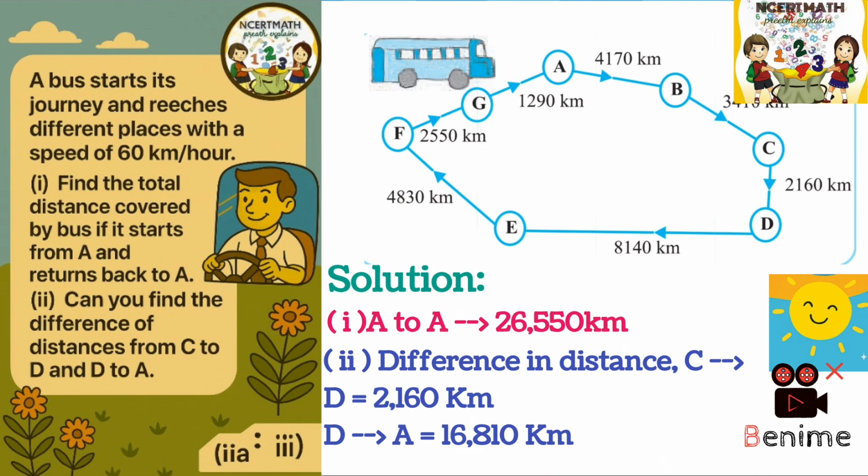The second question is we have to find the distance from C to D. From the route map, we can say that the distance covered by the bus from C to D is 2160 kilometers. To find the distance from D to A, we have to perform addition: the distance from D to E as 8140 kilometers, plus E to F of 4830 kilometers, F to G of 2550 kilometers, and G to A of 1290 kilometers.